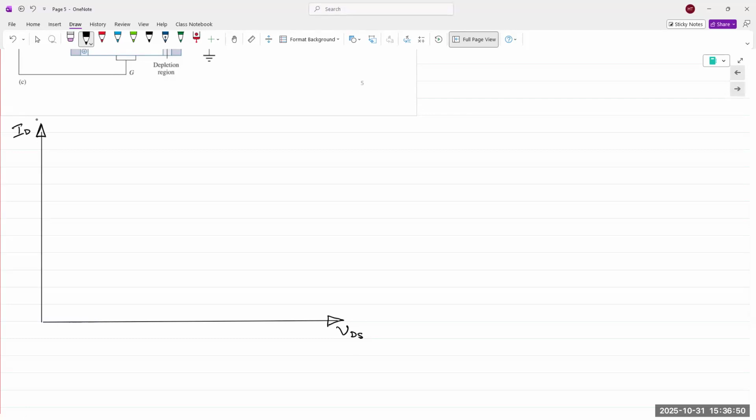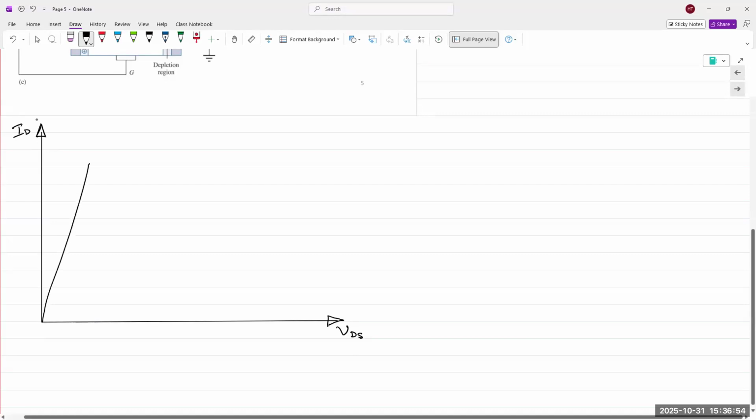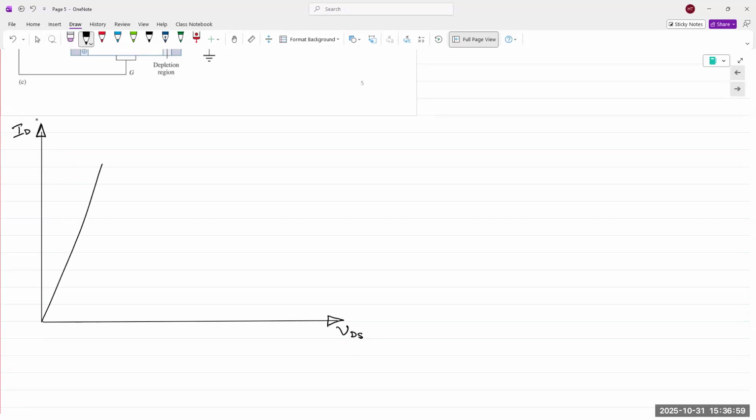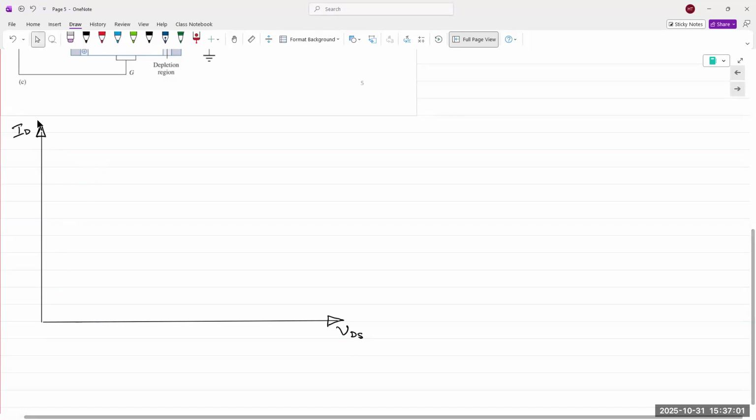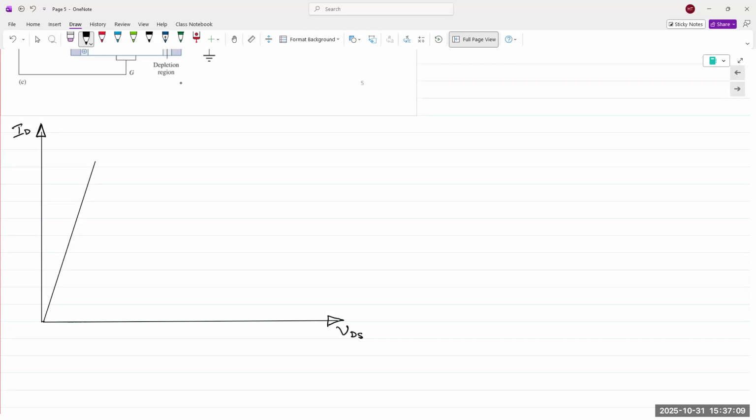If we apply voltage, that should be close to 0, but that's good enough. So with increasing VDS, we have increasing current.